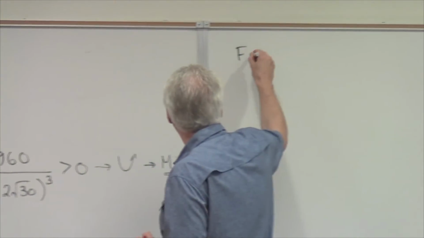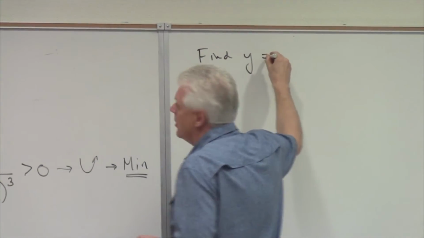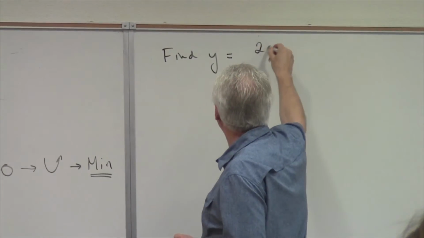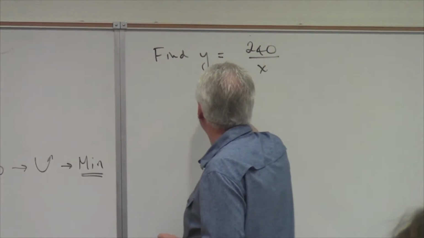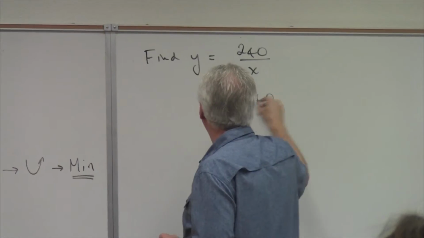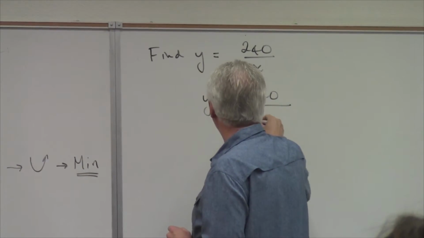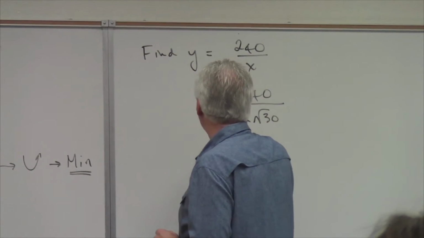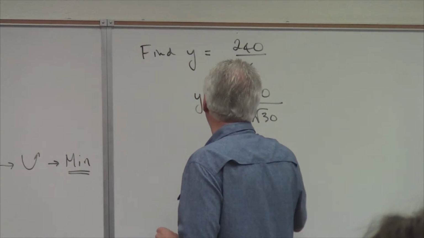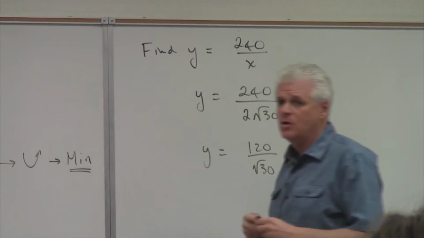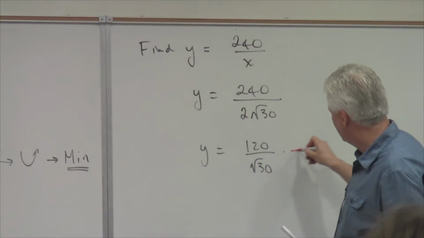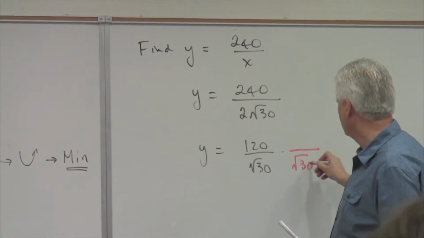Okay, so let's find y. y is 240 over x. So y is 240 over 2 root 30. So y is 120 over root 30. We could rationalize that by multiplying top and bottom both by root 30.